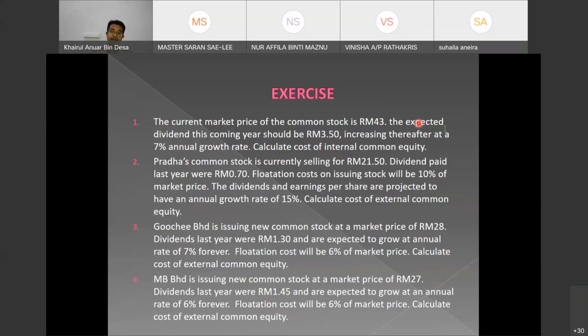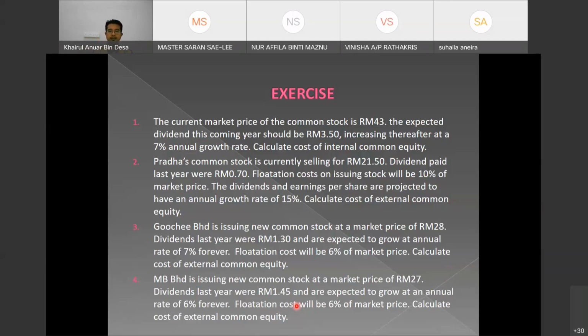This is the new issue, so new issue kena tolak net price. Sorry, net price is market price minus flotation cost. Sebab tu dia ada NP, bawah tu dia ada NP. So net price is equal to market price minus flotation cost.